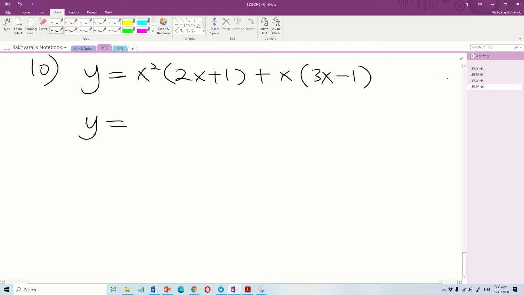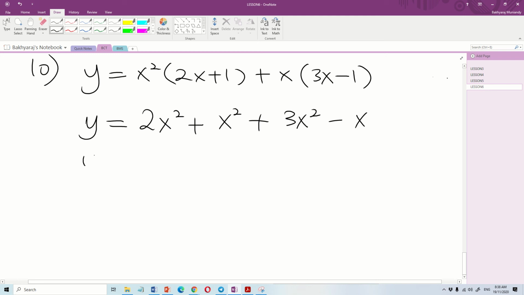Okay, so we go for the answer. Okay, y equal, expand here, so you dapat 2x square plus x power of 2, correct, plus 3x square minus x.